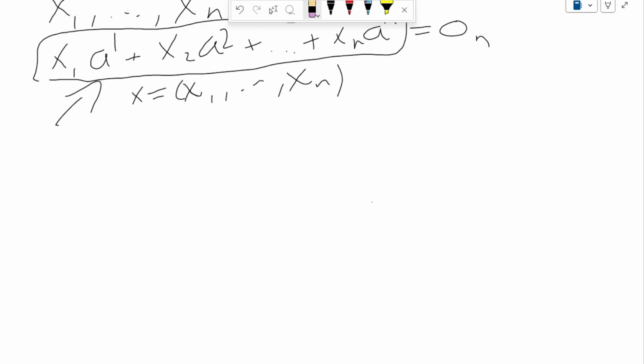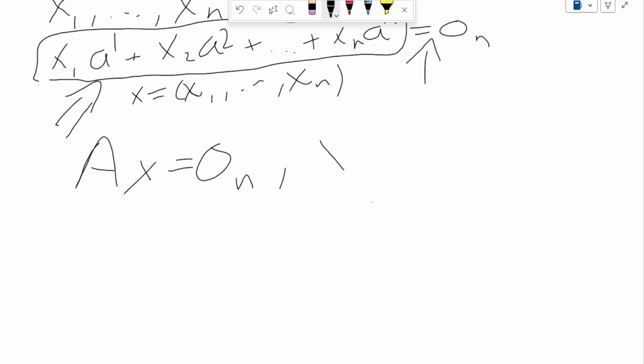So we've got this. Okay. If you look at this formula up here, that's just A times X. And we know from this equal sign here that this must be equal to 0, right?